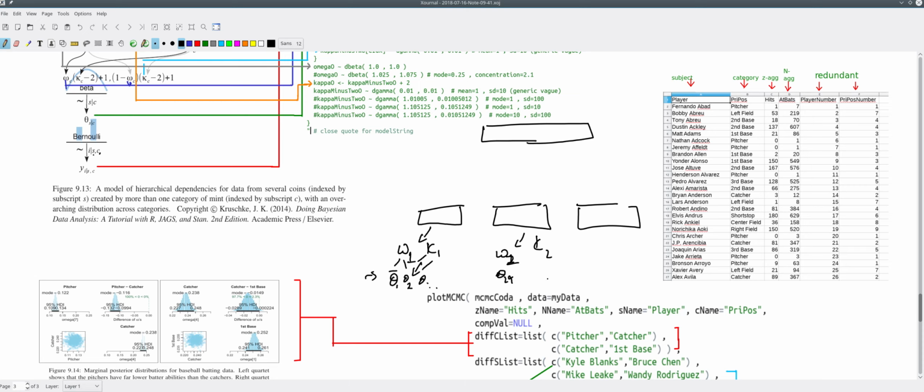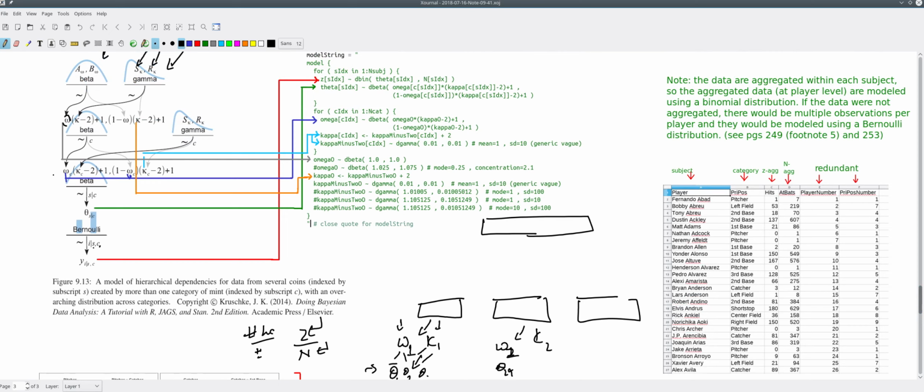So each of these players belongs to only one category. So their ratio of hits to at bats, which is the same as the proportion of heads to number of flips, it's the same analogy. So these are distributed.